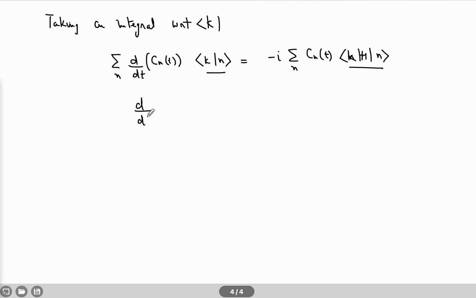So d by dt of ck, and that's all, right? Because this thing goes to 1, and on the right hand side I will still have the whole thing, minus i summation n cn <k|H|n>. This can be written as Hkn also, right? Because in some books you will find it like this, Hkn.